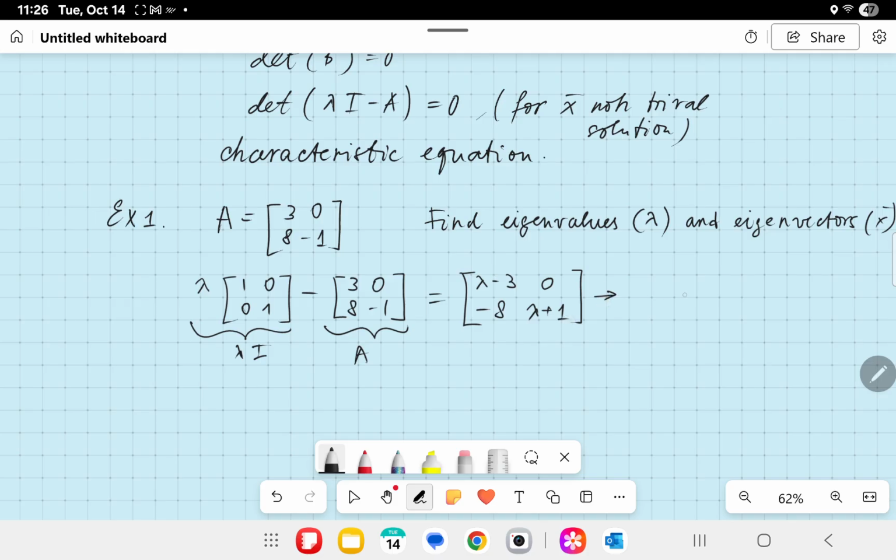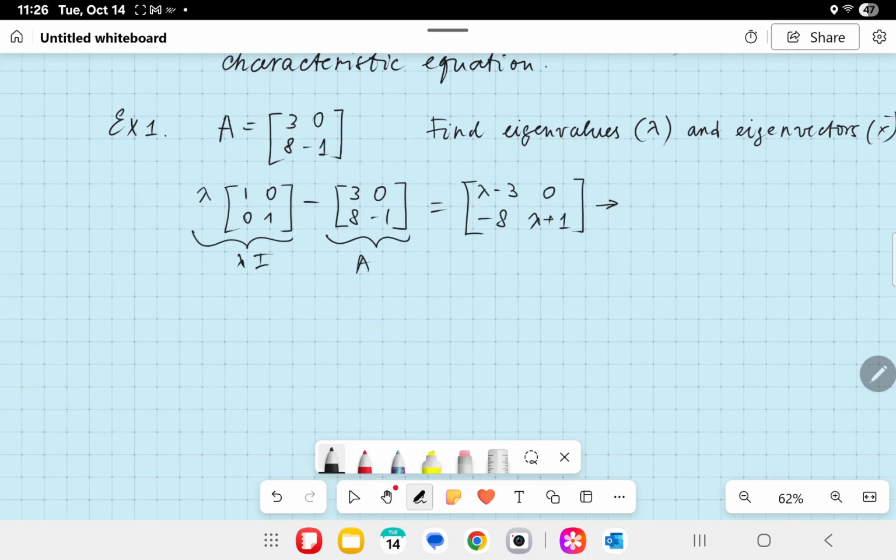Basically, the equation we are eventually going to solve looks like this: lambda minus 3, 0, minus 8, lambda plus 1, times x equals 0. I'm going to put over here that this is the equation lambda I minus A times x equals 0.